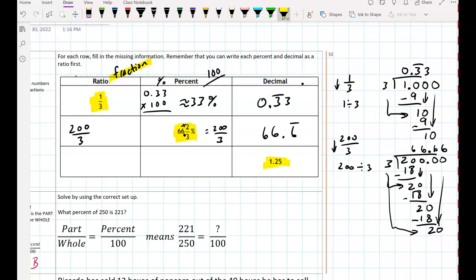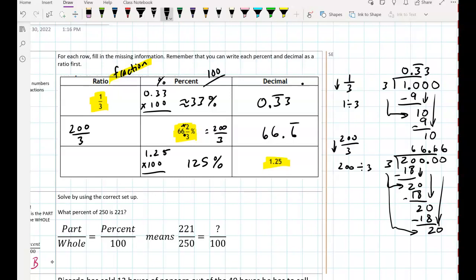All right, so that brings us to our third one, starting with the decimal. The decimal is 1.25. Now, we convert decimals to percent by multiplying by 100. So we would multiply 1.25 times 100. And your calculator will tell you that 1.25 times 100 is 125. And yep, that's right. It can be 125%. It can be more than 100%.